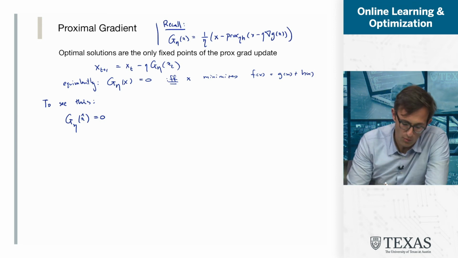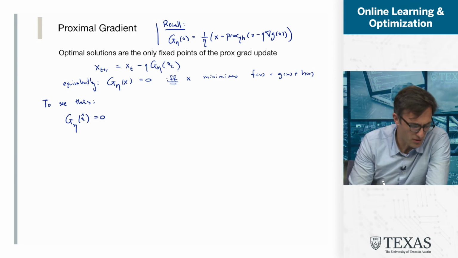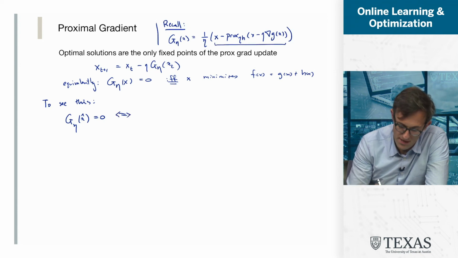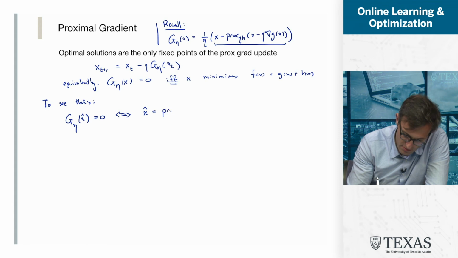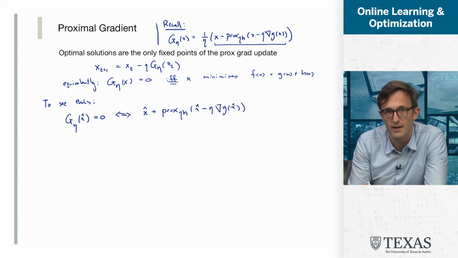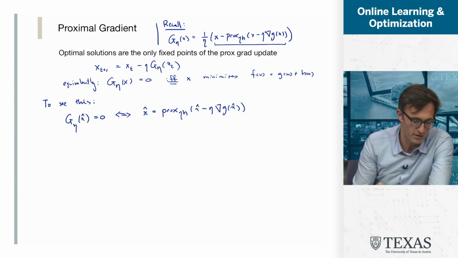Okay, so when is g_eta of x hat equal to 0? Just looking at this definition, this will only happen when x hat is equal to prox_{eta h} of x hat minus eta gradient g of x hat. I just set g_eta of x to 0 and took the implication of it.